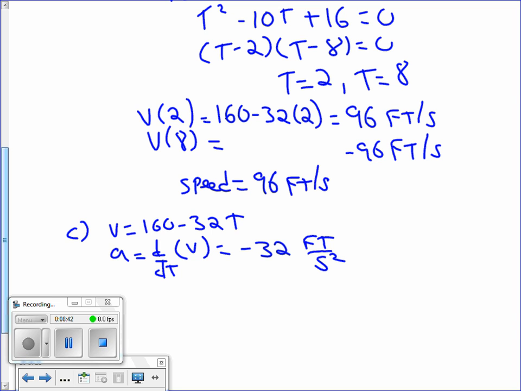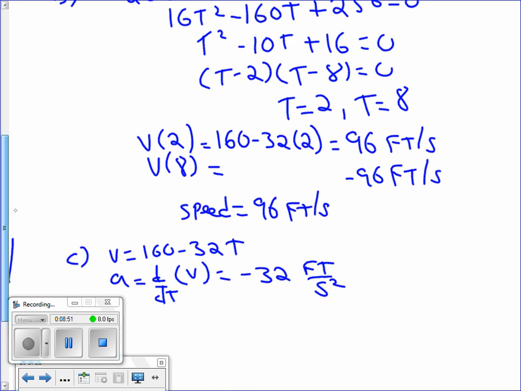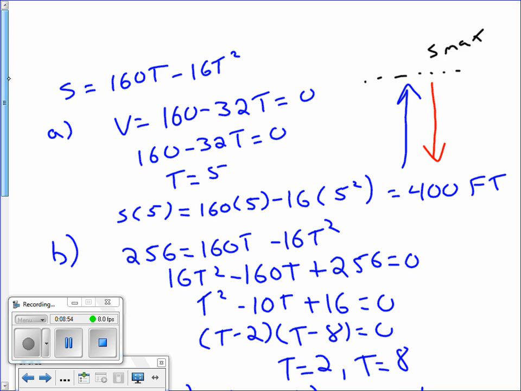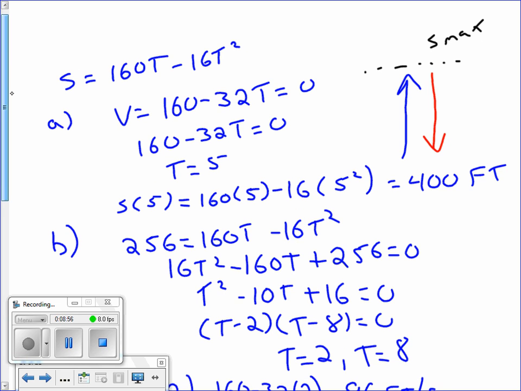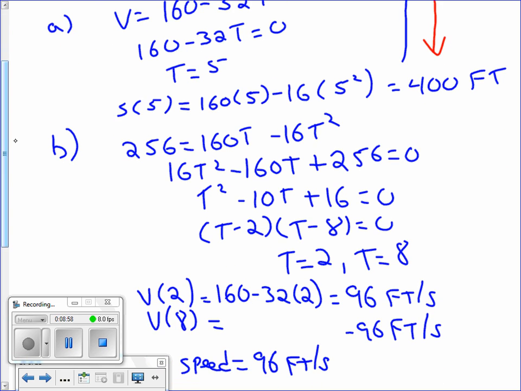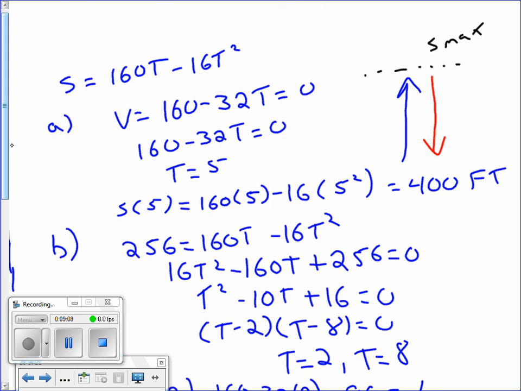Okay, where are we? D. When does the rock hit the ground? When? How do you know 10? Where did it go? We never found the zeros.